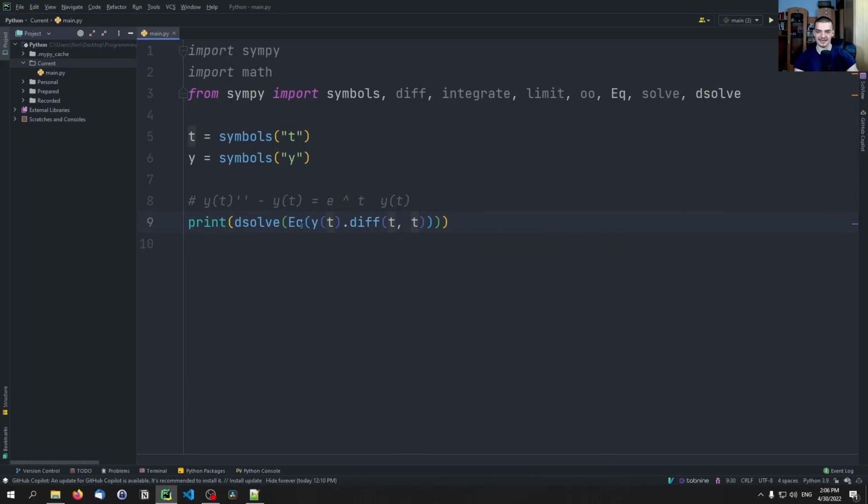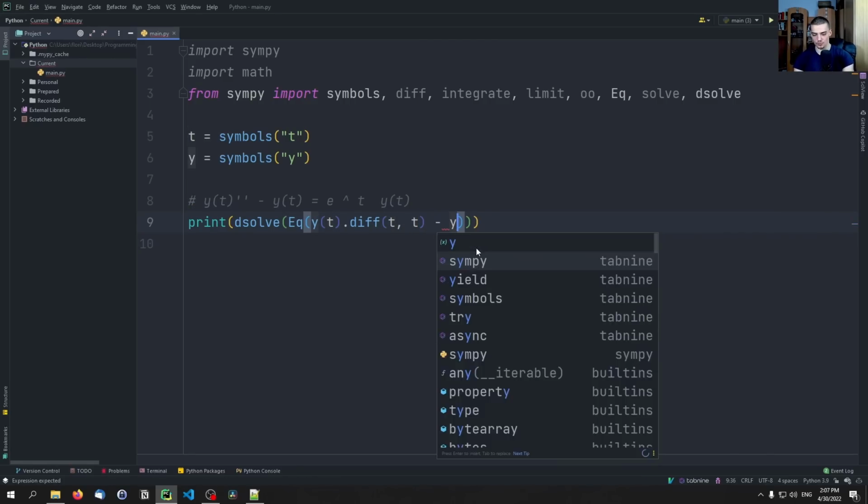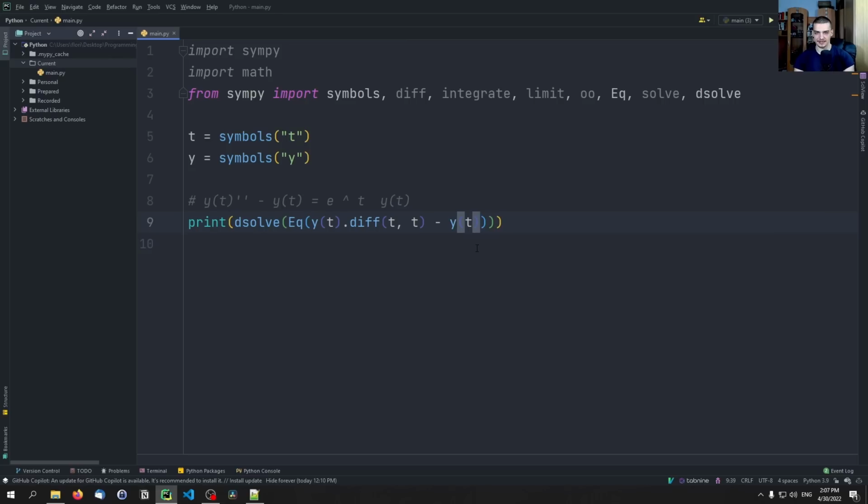This basically means take 2 times the derivative with respect to t. So we differentiate that function 2 times. We subtract from it y of t. And then we have a comma for the right side. And the right side is SymPy e to the power of t. And then we want to solve for y of t.